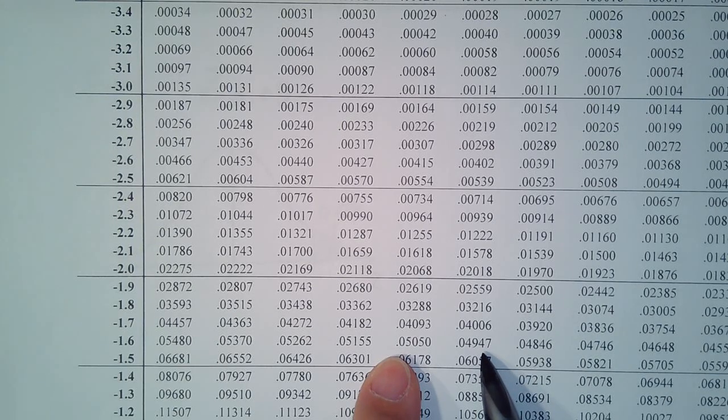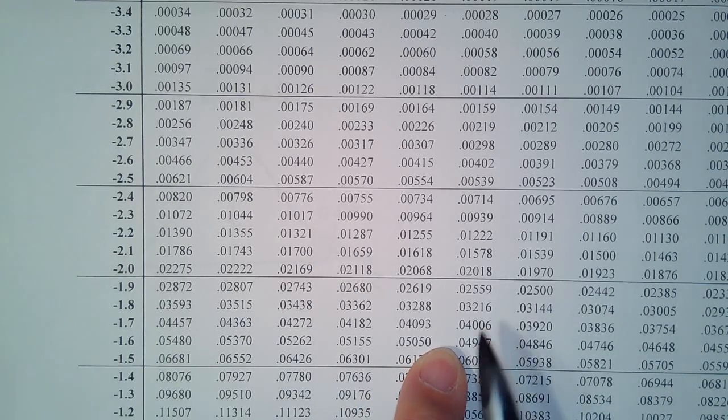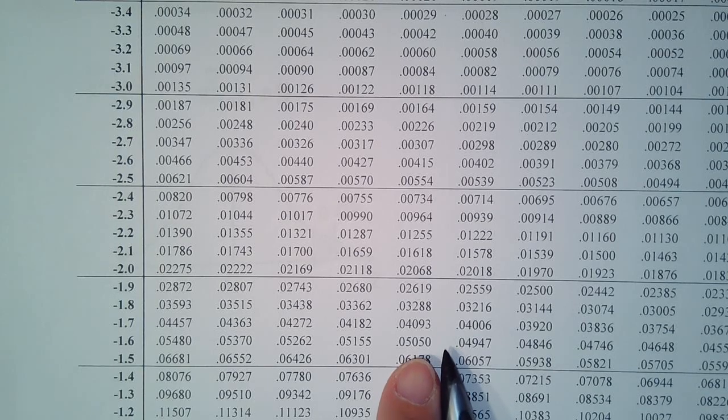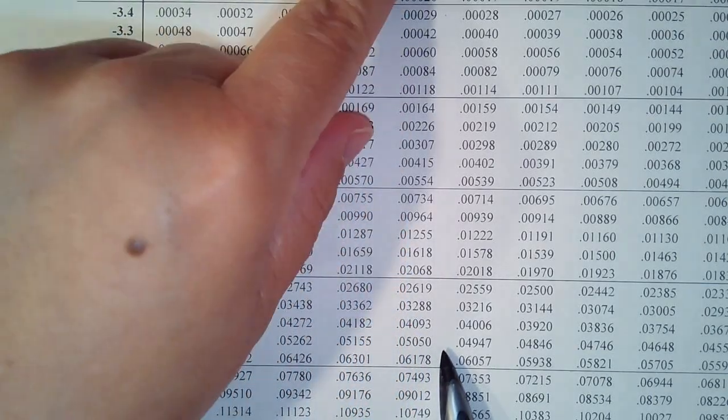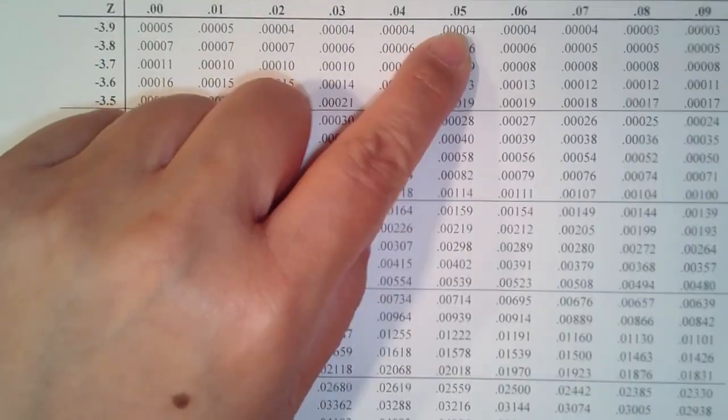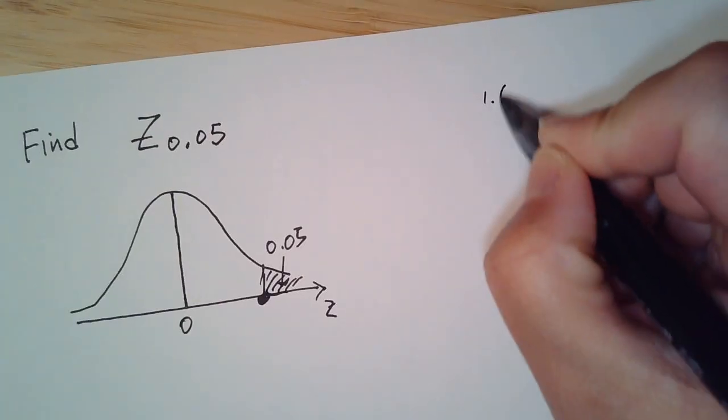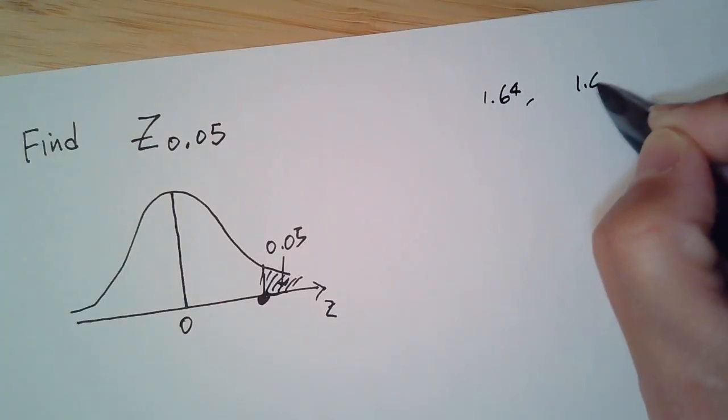So can you tell that 0.0505 and 0.0495, 0.05 is right in the middle of these two, isn't it? So if that probability is right in the middle, then the z-score should be between negative 1.64 and 1.65.